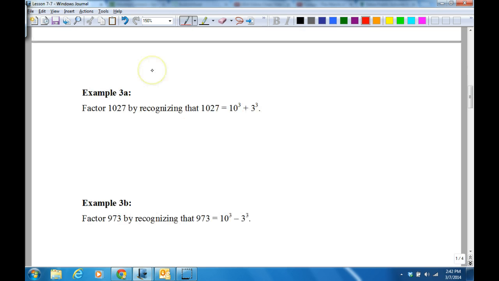All right, so now they're wanting us to factor 1027 by recognizing that 10 to the third plus 3 to the third is 1027. So once again, if we use x is our 10, y is our 3. We're going to use that formula x plus y times x squared minus xy plus y squared.